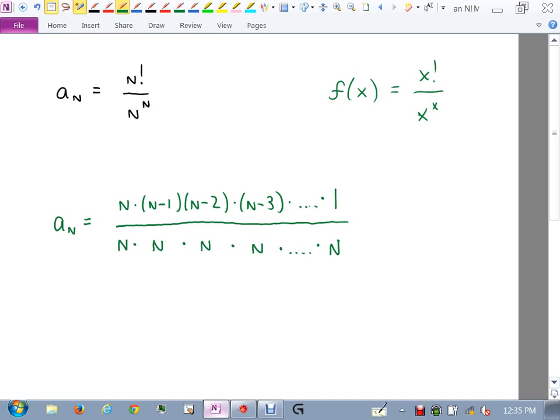It's n n's. And notice with the n factorial, if you had 4 factorial, it would be 4 times 3 times 2 times 1, wouldn't it? So how many factors do you have here? For 4 factorial, you have 1, 2, 3, 4 factors, right? For n factorial, how many factors do you have here? 1, 2, 3, 4, n of them, right? So for every n here, I have this matching exactly, right? Do y'all follow this?